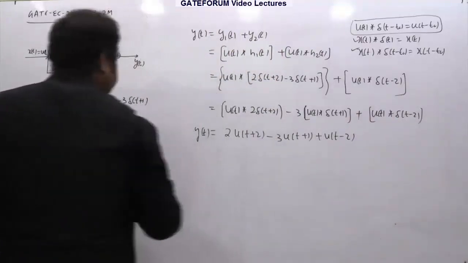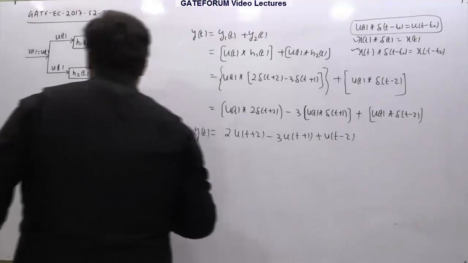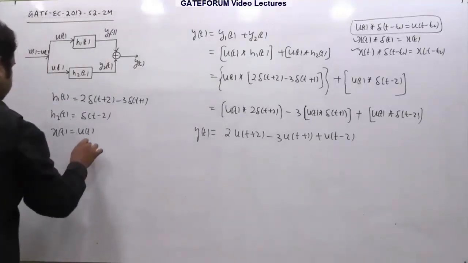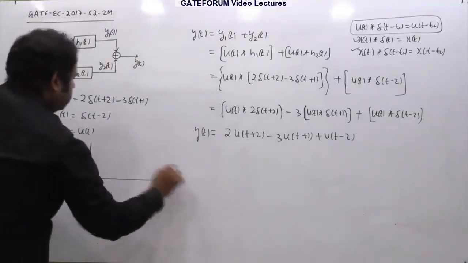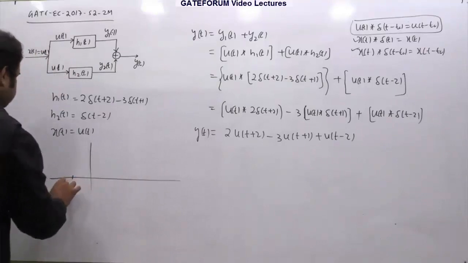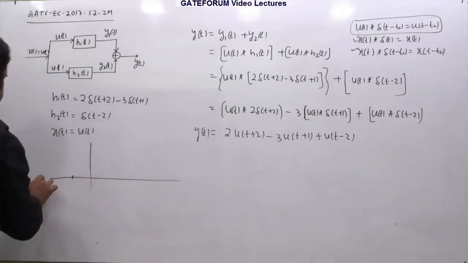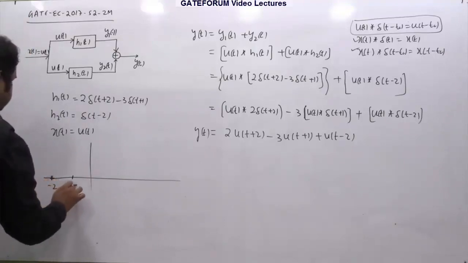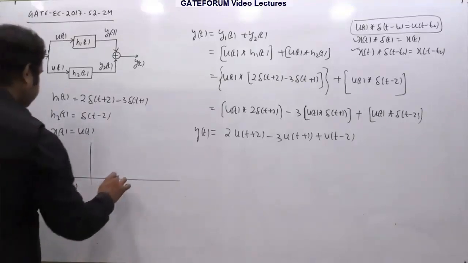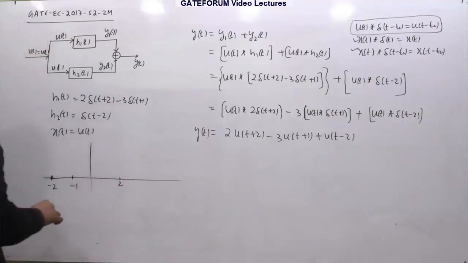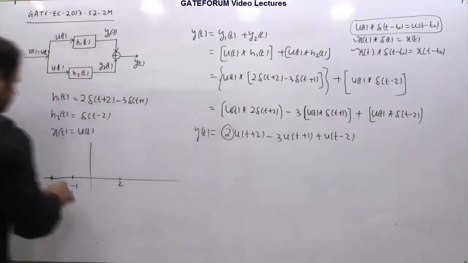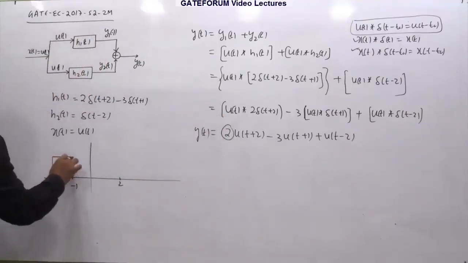So this is what y of t is, and if I ask you to plot this y of t, how does it look? Highlight those time instants: t equals minus 2 here, then t equals minus 1, and then t equals 2 here. I'll be starting with amplitude 2, so I'll move with amplitude 2 till minus 1.